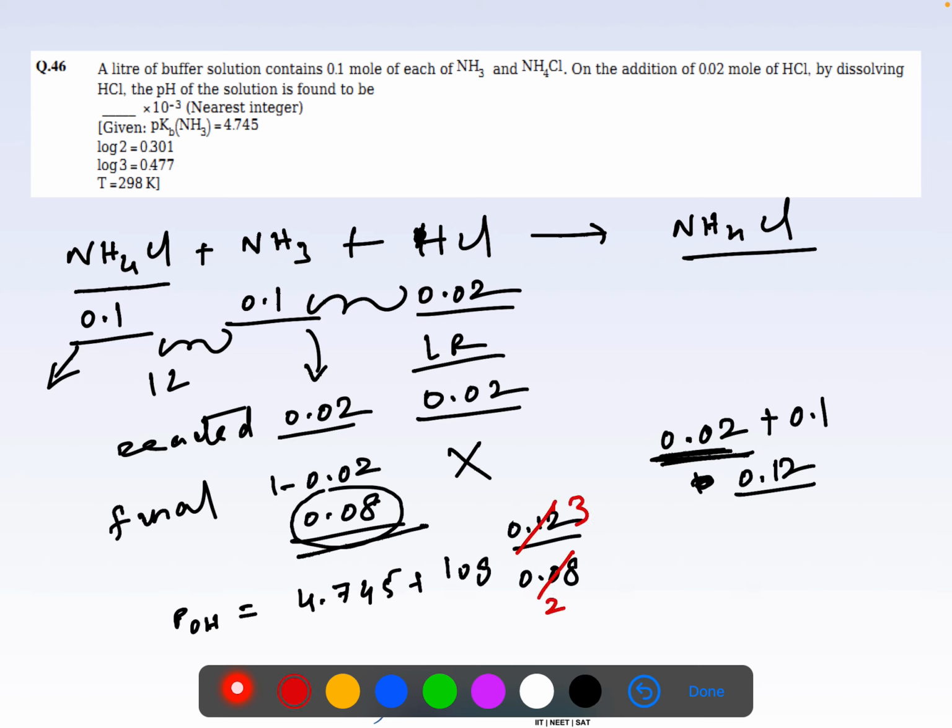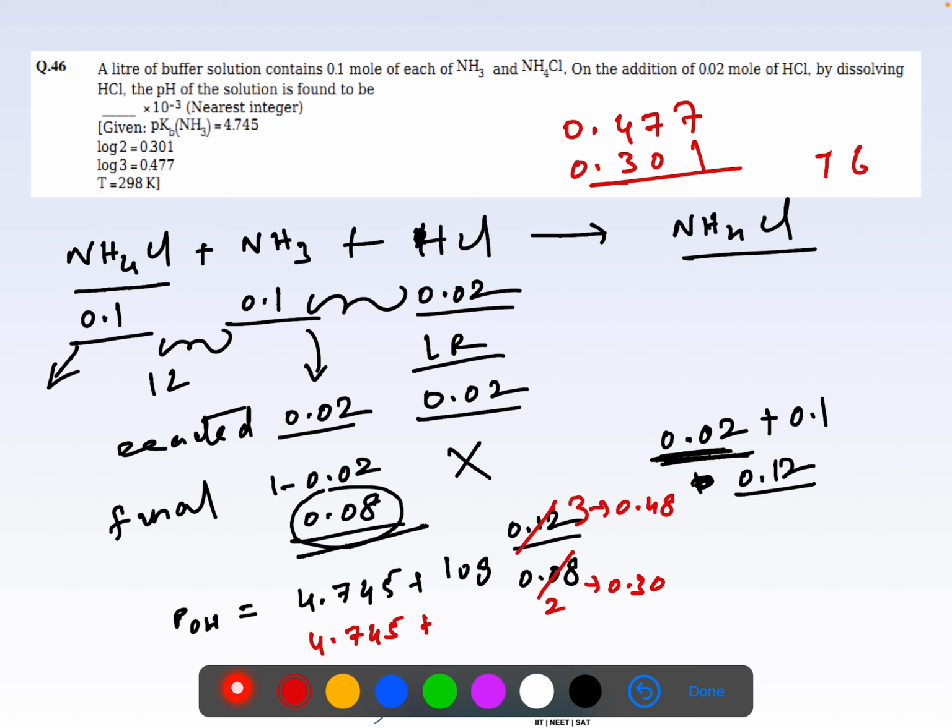So 4.745 plus log 3 by 2, which is log 3 minus log 2: 0.477 minus 0.301. So this is 0.176.